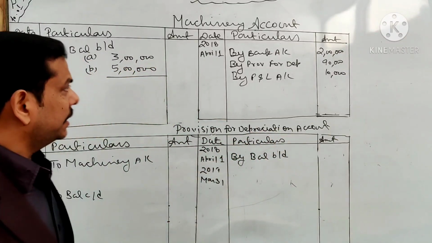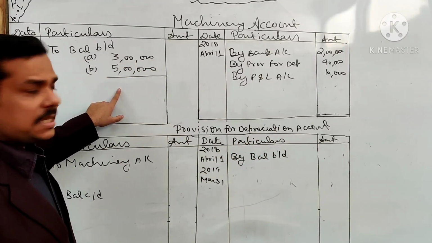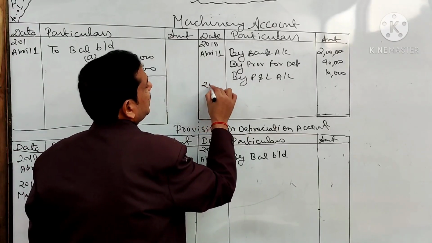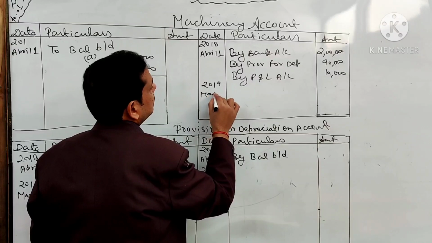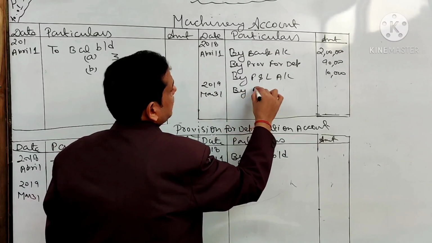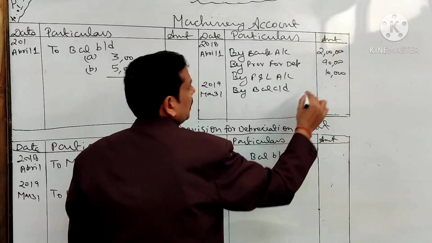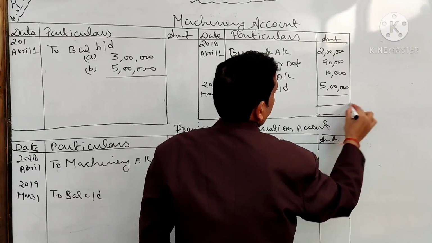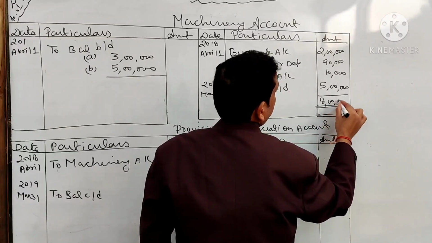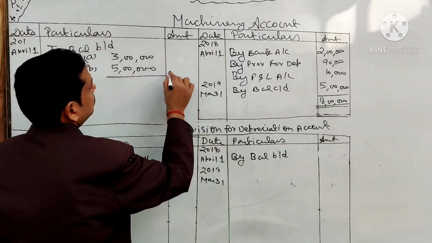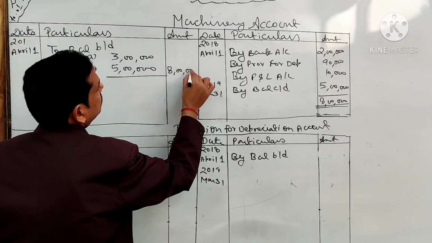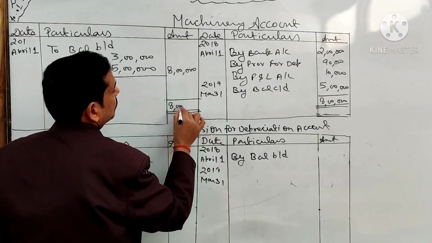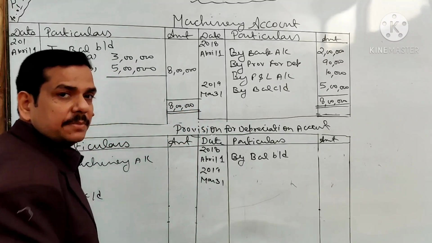Now on the same date we have not purchased any machine. The only machine we have with us is 5 lakh. So at the year end, 2019 March 31st, by balance sheet 5 lakh. Make a total and balance it, that comes to 8 lakh. Now your machinery account has been prepared.